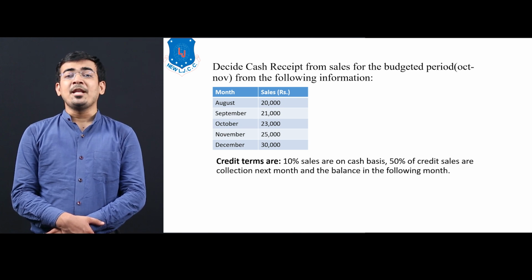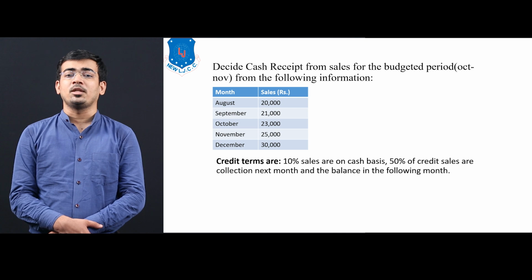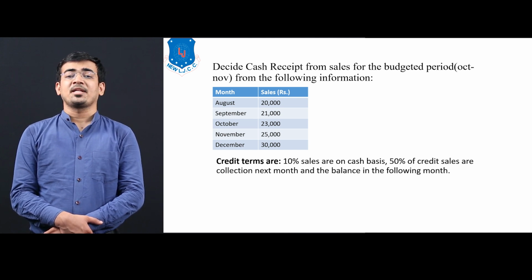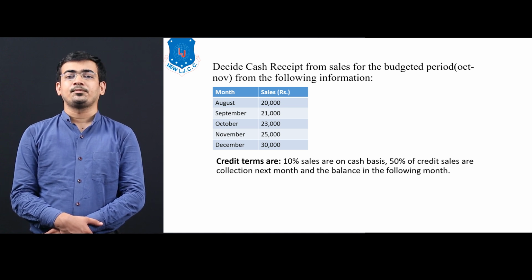Credit terms: 10% of sales are on a cash basis. What does it mean? Taking the example of August, 10% of sales are on a cash basis, that is 20,000 into 10%, so 2,000 are cash sales. 50% of credit sales are collected next month and the balance in the following month.